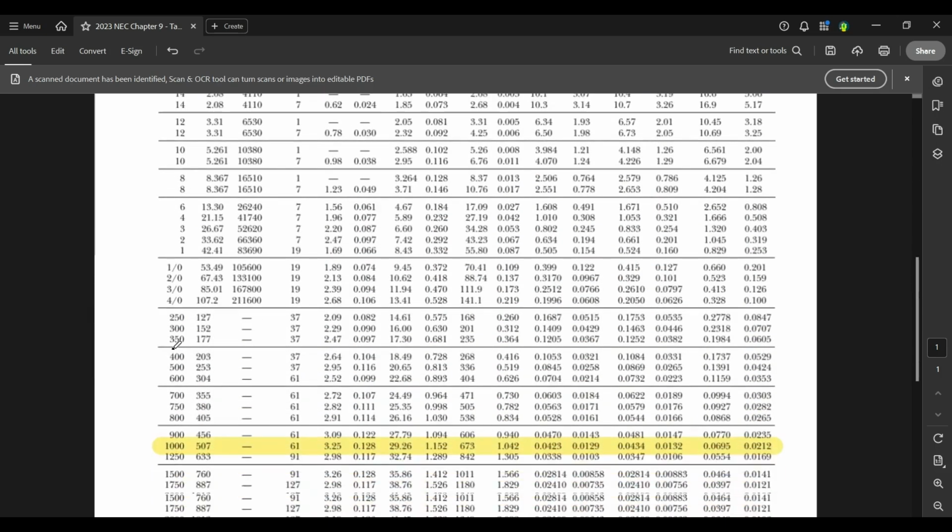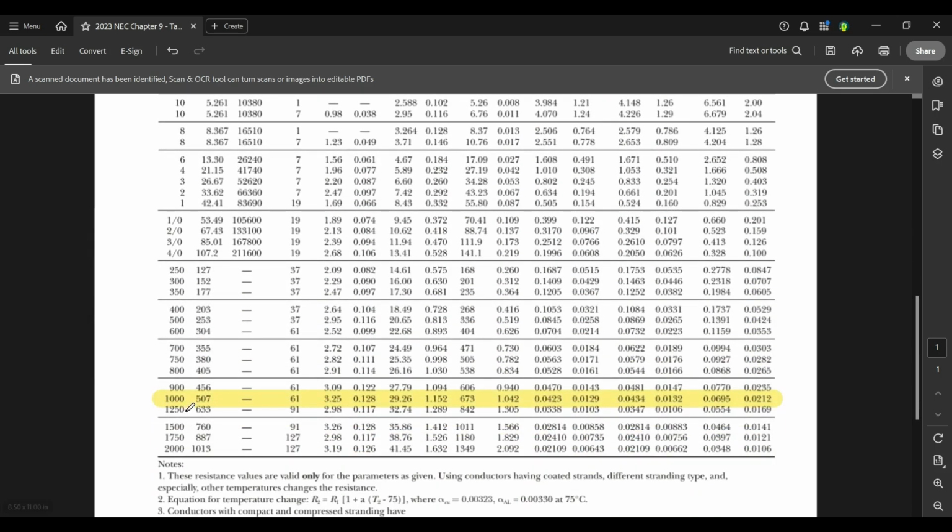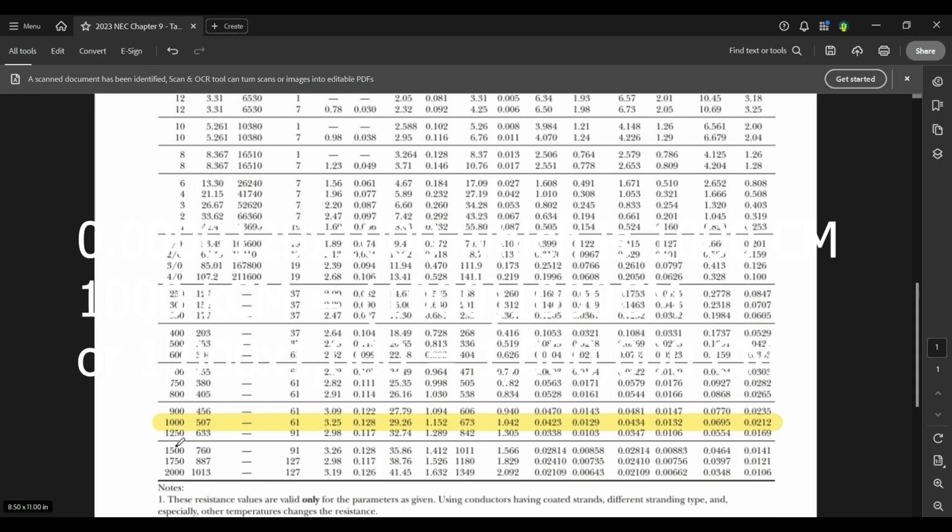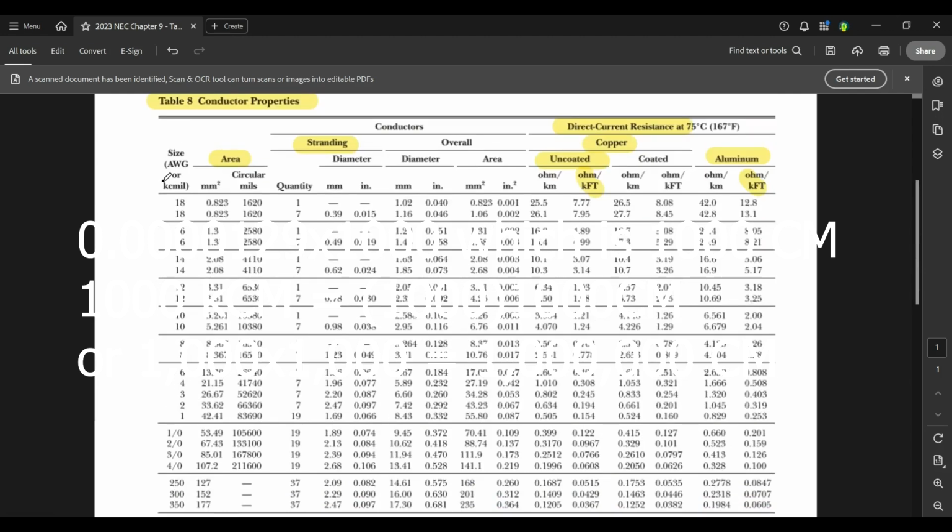So since this is 1,000 kcmil, we would take 0.0129 divided by 1,000, and then we would times it by 1,000, because again, this is kcmil.